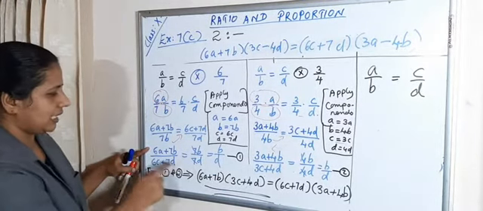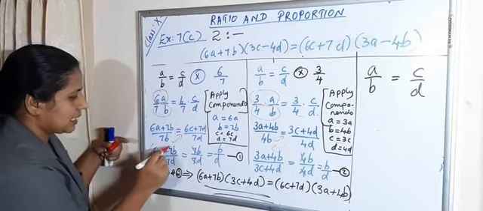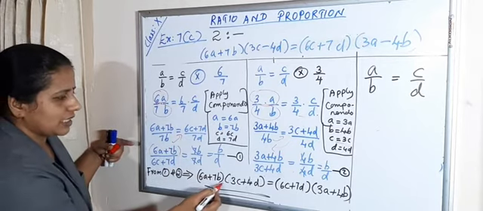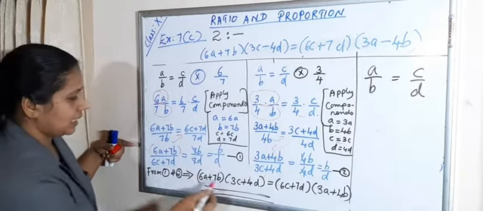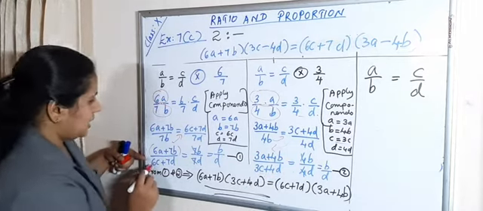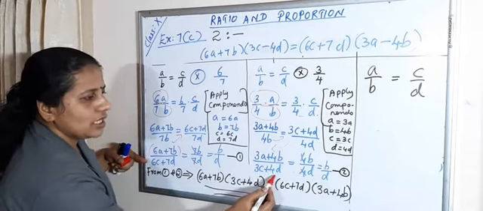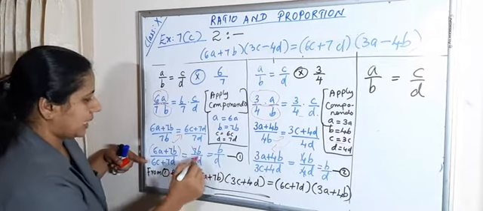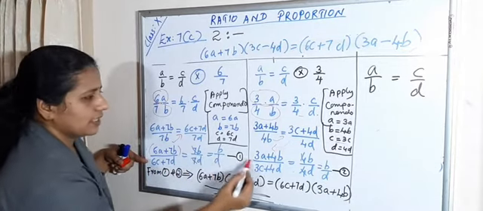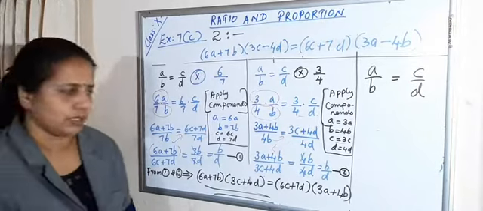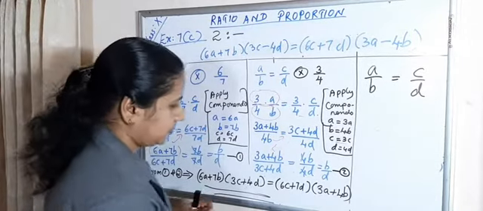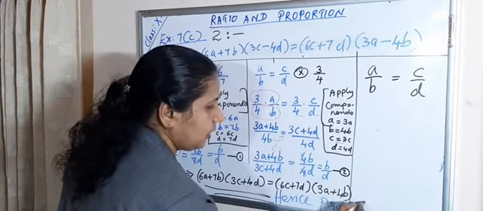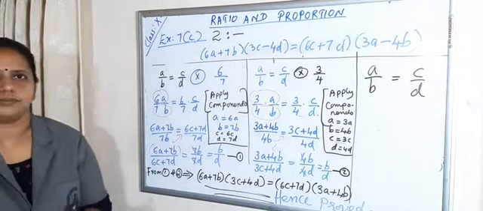Cross multiplying, I will get (6A + 7B) into (3C + 4D) equal to (6C + 7D) into (3A + 4B). Hence proved. Clear?